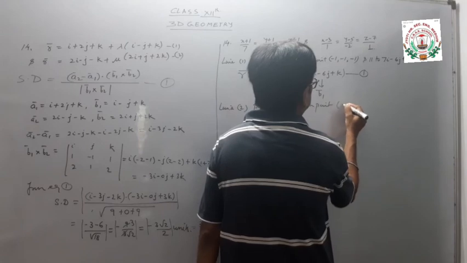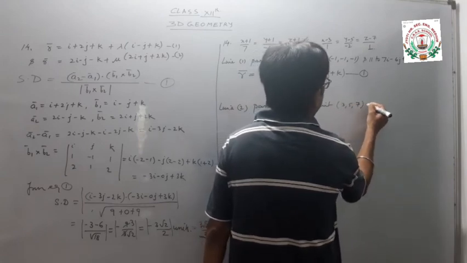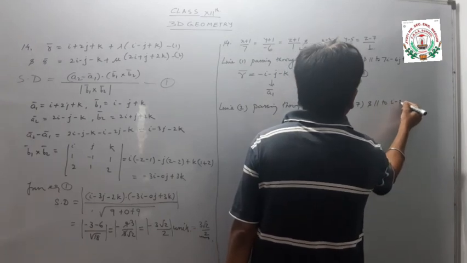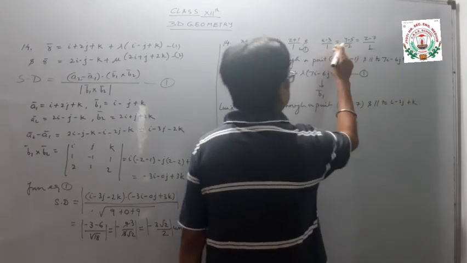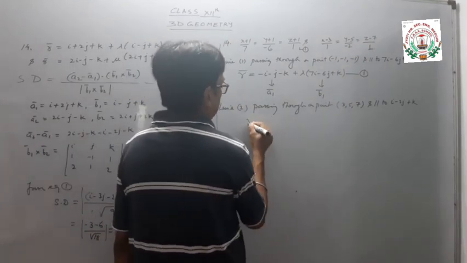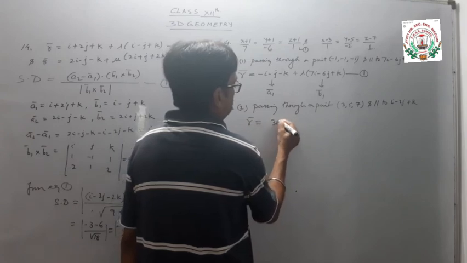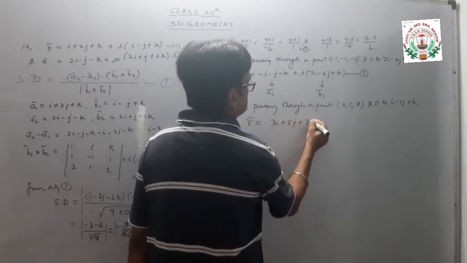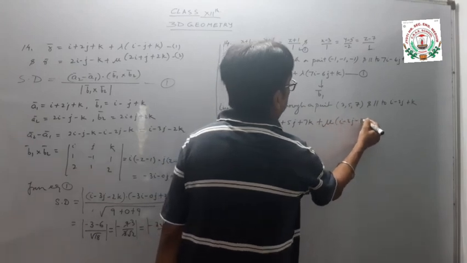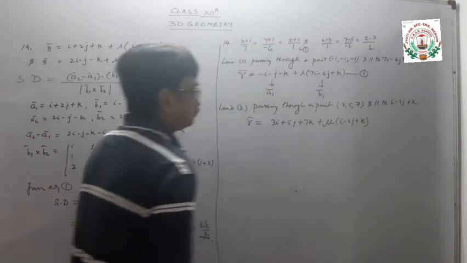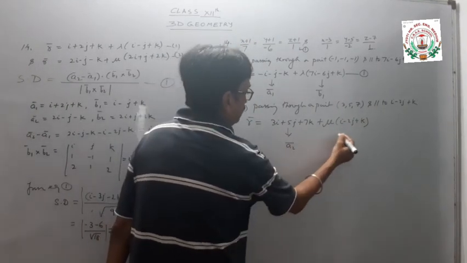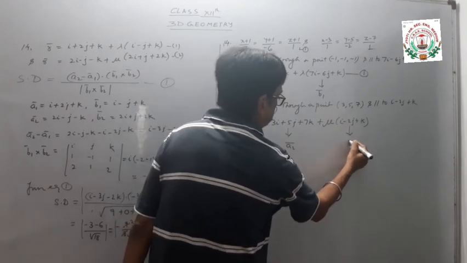The passing point is 3, 5, 7 and it is parallel to the vector I minus 2j plus k, as the direction ratios are 1, minus 2 and 1. So r vector equals 3I plus 5j plus 7k plus mu into I minus 2j plus k. Now this becomes our a2 vector and this becomes our b2 vector.